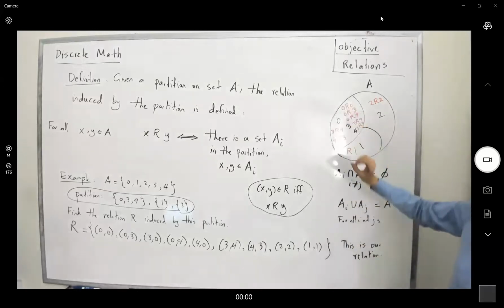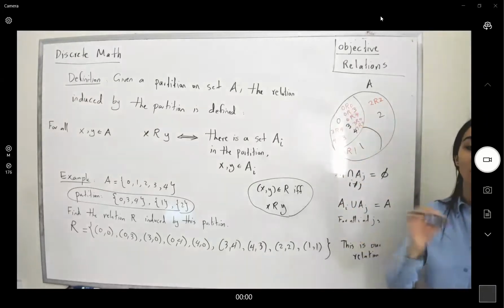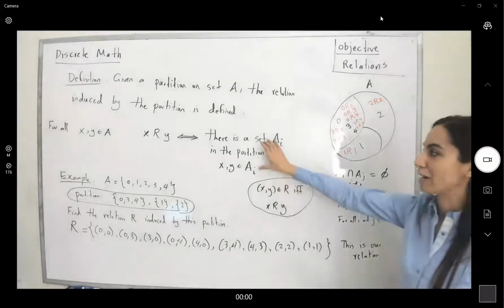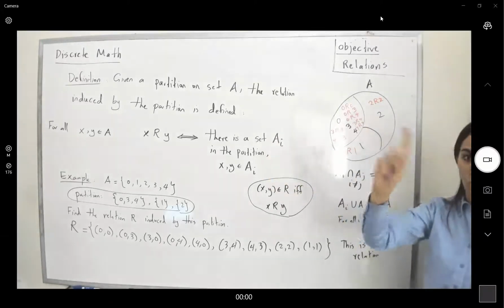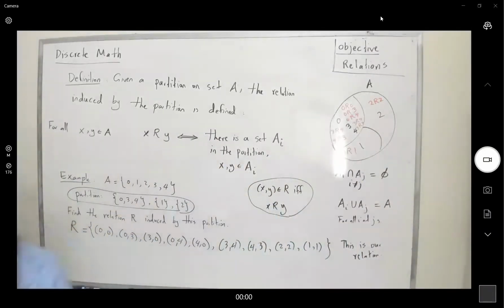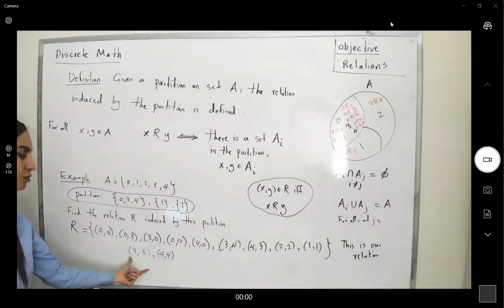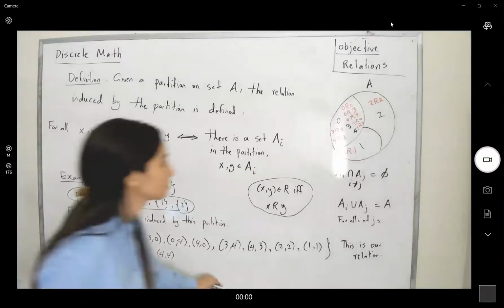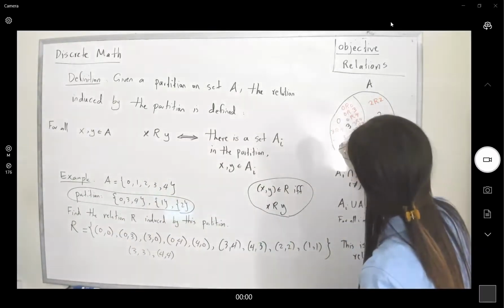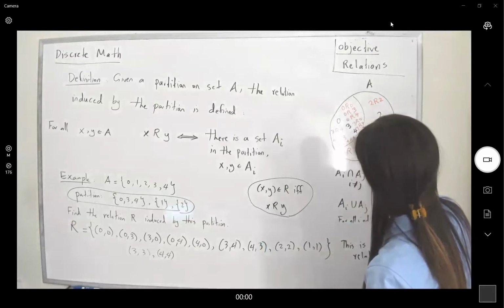We need to check which elements are in relation with each other, which elements are members of one set. The rest of the elements, 3 and 3, 4 and 4. 3 is in relation with 3, 4 is in relation with 4.